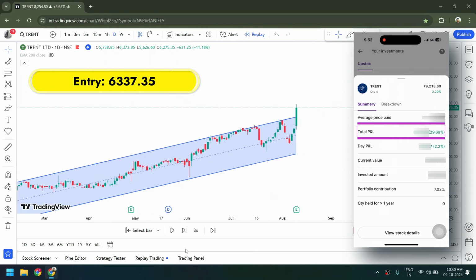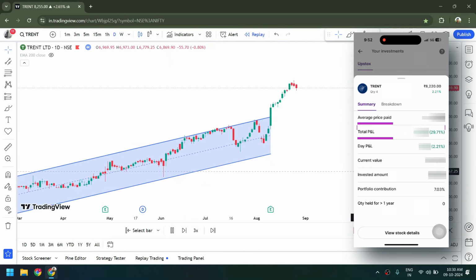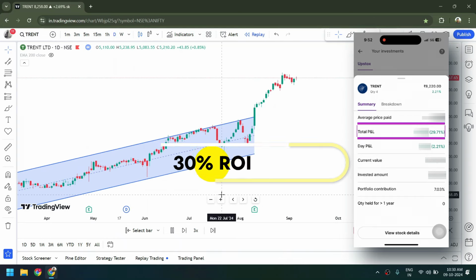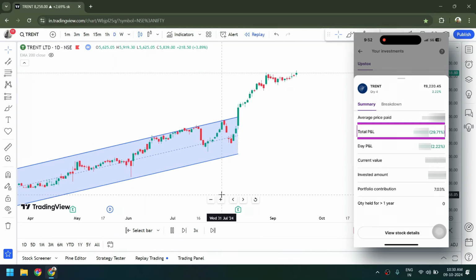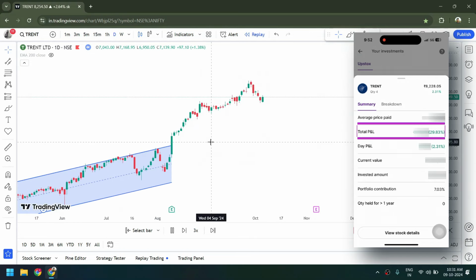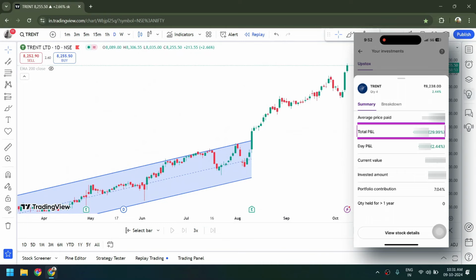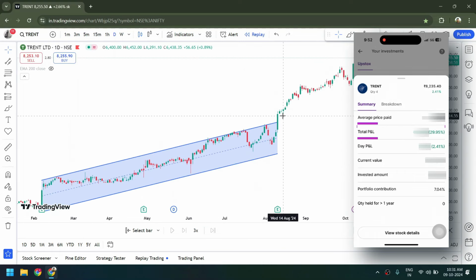After the entry, I am currently at 28, nearly 30% ROI. I have recorded the screen also, you can see. Currently it's around 30% ROI since our entry.